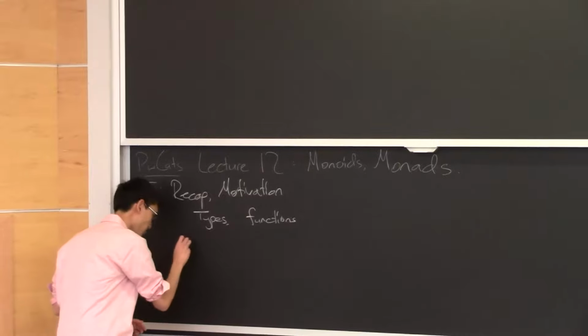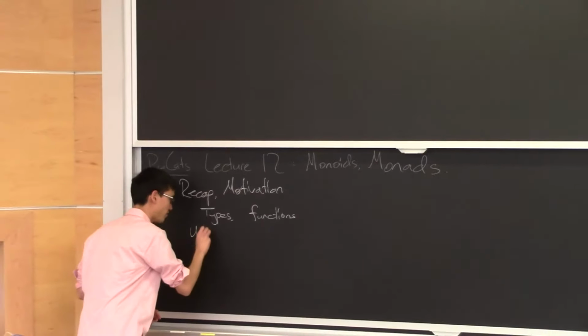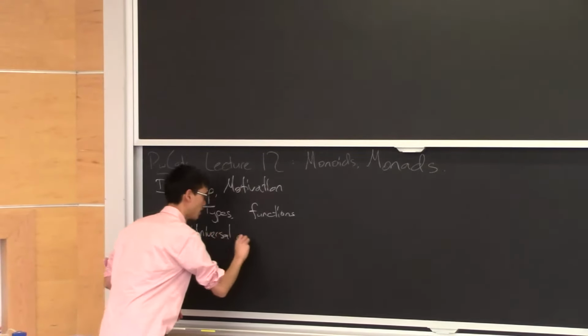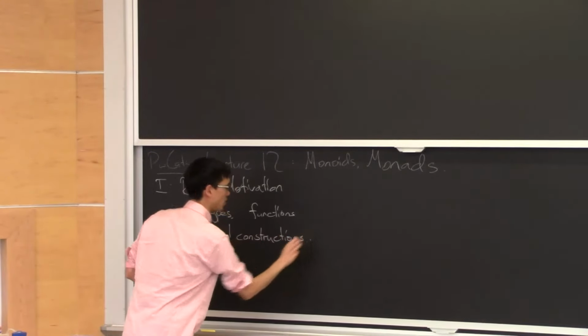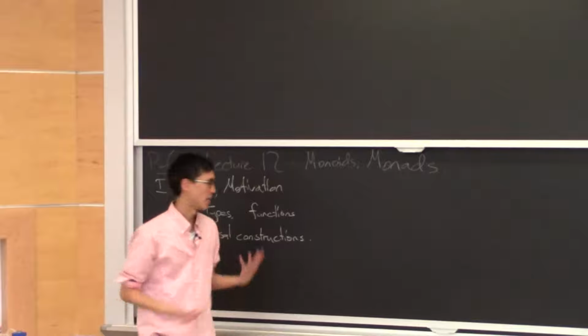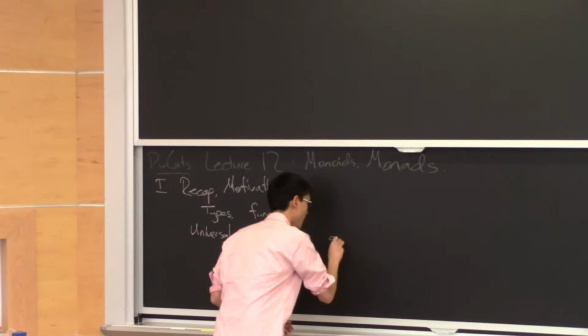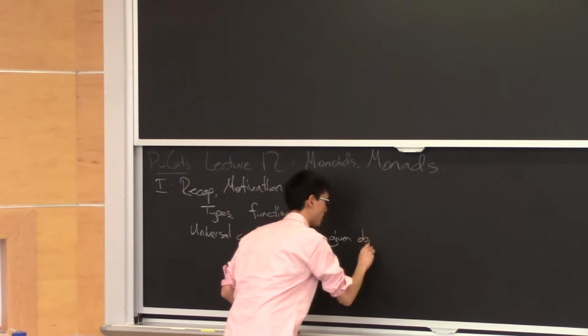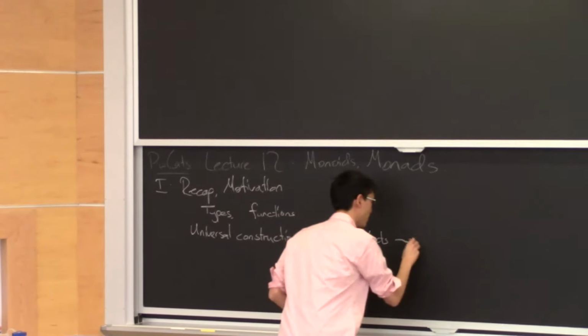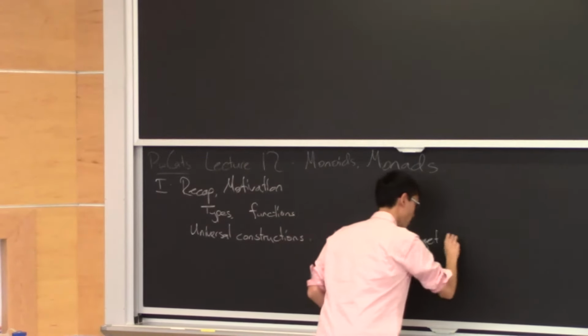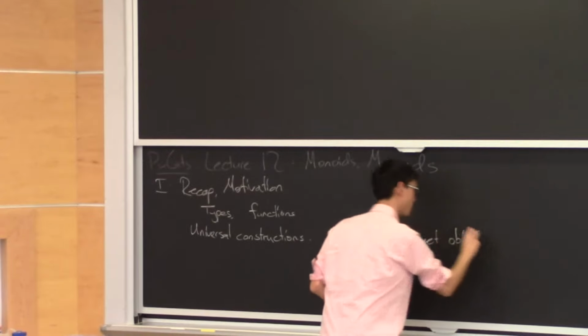So last week we talked about universal constructions, like products, coproducts, function types, and so on. And the basic idea here was, given some objects in a category, or in particular given some types, we get a new type, a new object, right?